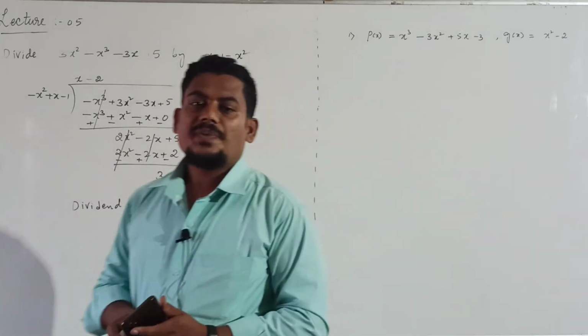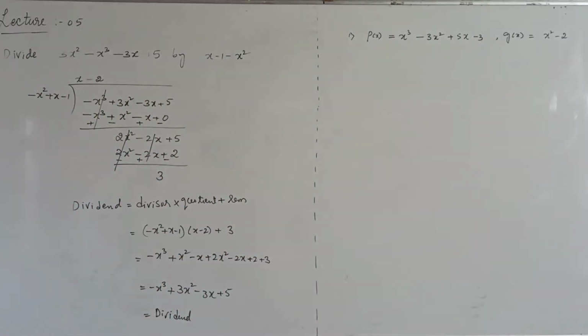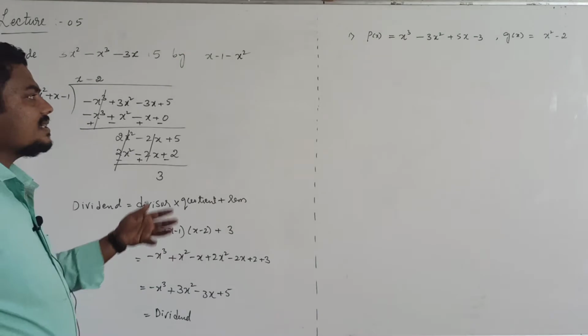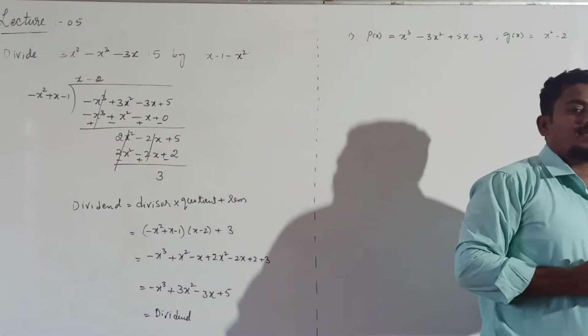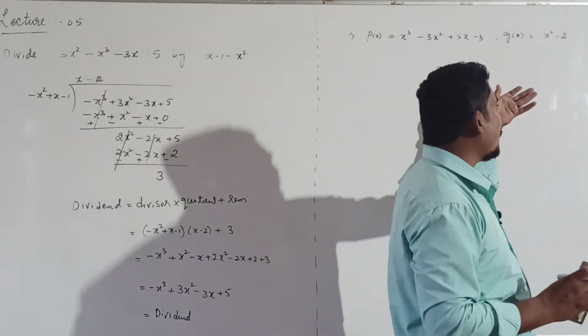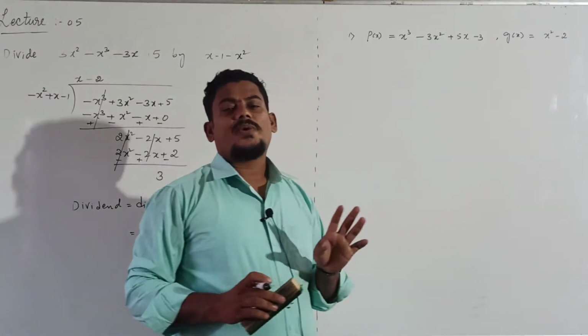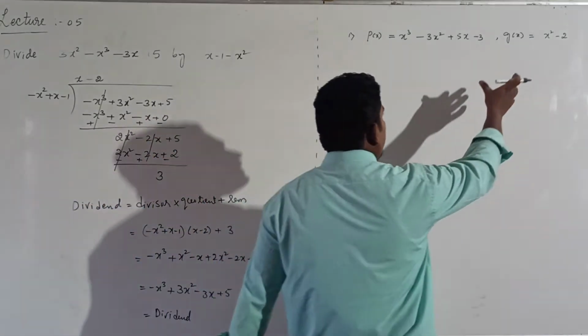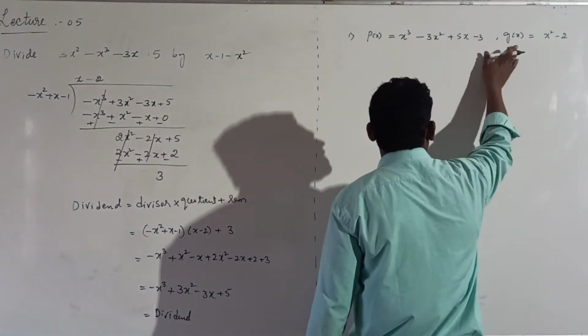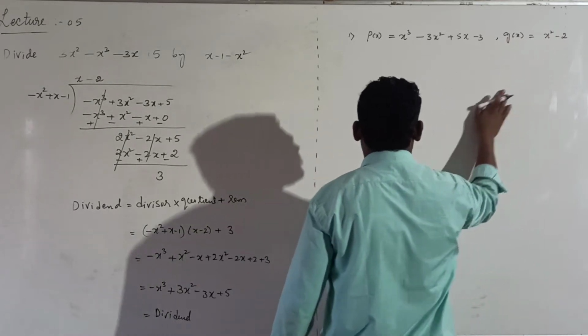Divide polynomial p of x by g of x, then find the quotient and remainder in this case. We need to find the quotient and remainder by dividing these two polynomials. Divide p of x by g of x, which means g of x is our divisor.